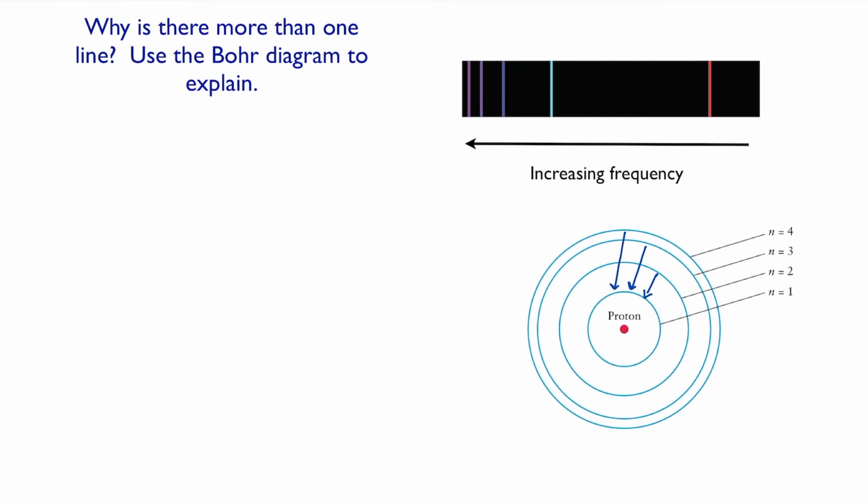Equally, it might be that they're dropping back to n equals 2. And in each case, I hope we can see quite clearly that the difference between these energy levels, difference is a much better word, don't use the word distance, differs in each case. So as delta E equals hv, we're going to get a different photon of visible light emitted for different movements.